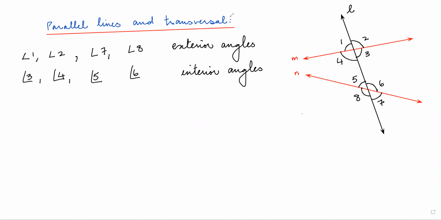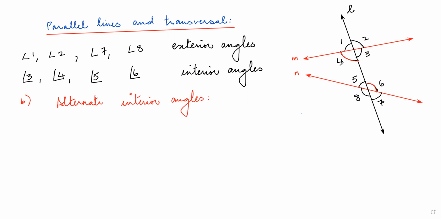All right. Now let's learn what are alternate interior angles, students. Which are the alternate interior angles? Angle 4 and angle 6. These are known as alternate interior angles.